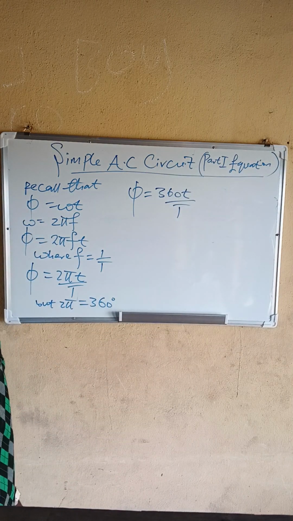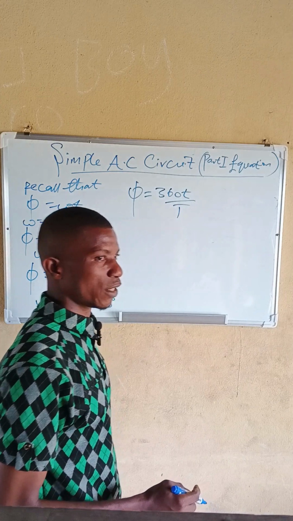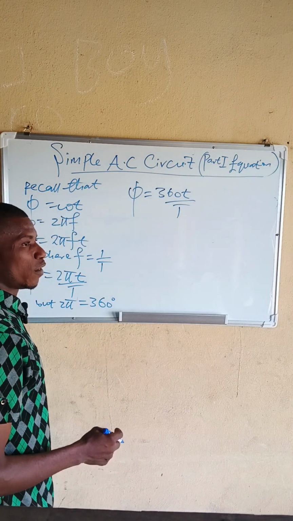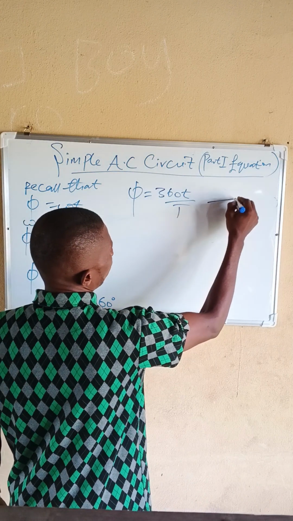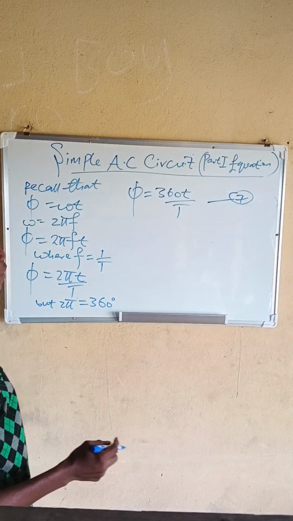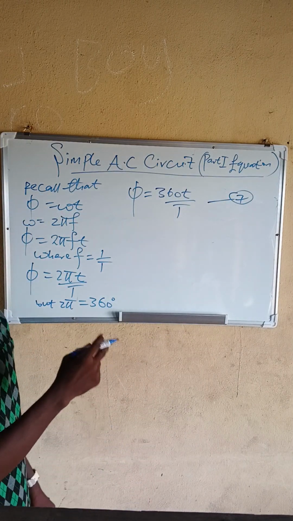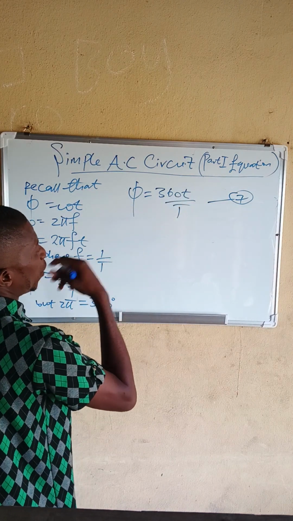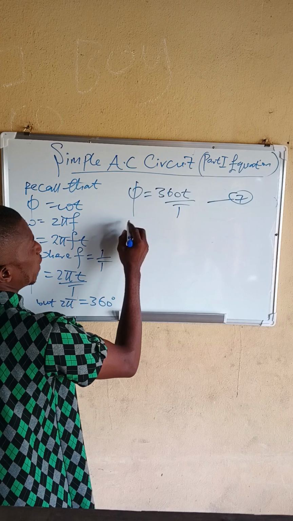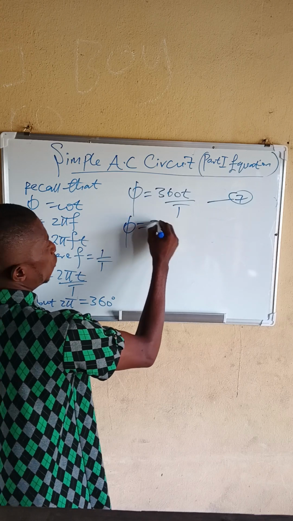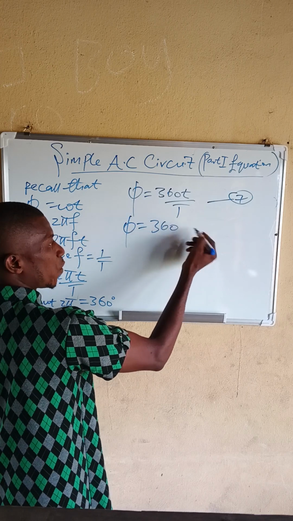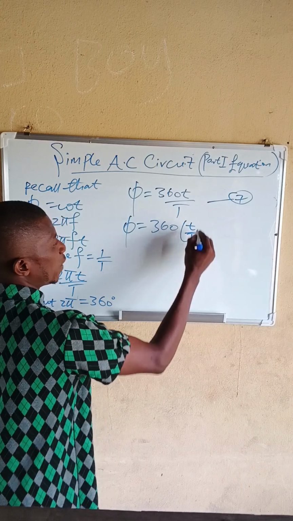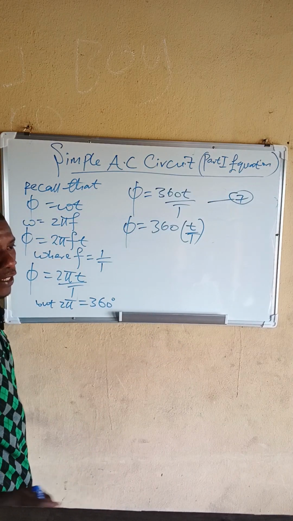This is a very nice equation. I can call this equation 7. So if I make T here the subject of the formula, I will now have that phi is equal to 360, it's also the same thing as t over T. These two equations are the same.